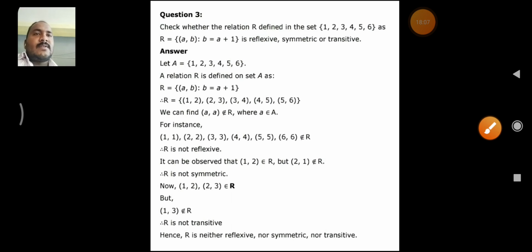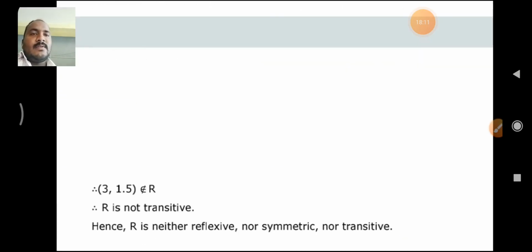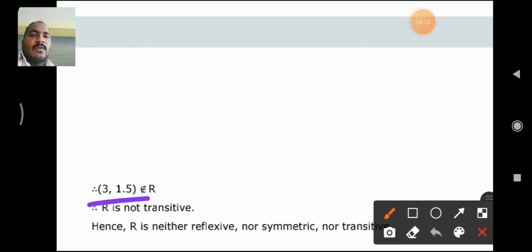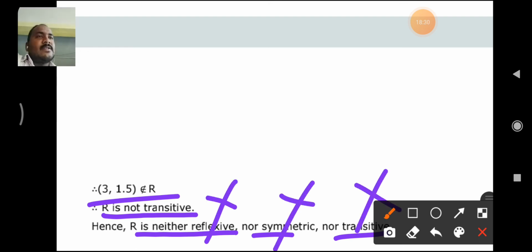Because of this, (3, 1.5) does not belong to R. Therefore, R is not transitive. Then we can conclude that R is neither reflexive, symmetric nor transitive. It means R is not reflexive, R is not symmetric, R is not transitive.